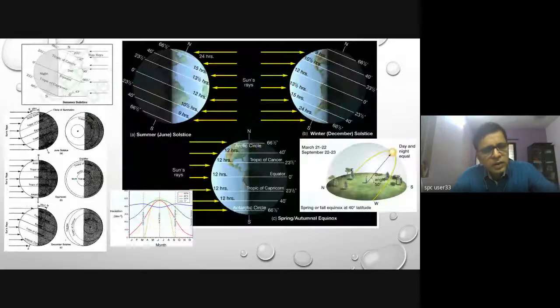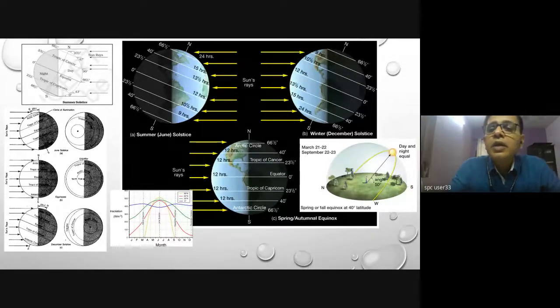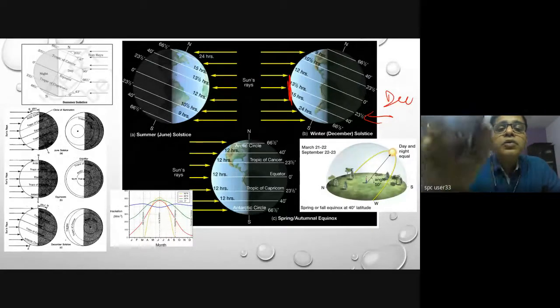This is something that I have already spoken about, as to how the angles tend to change. You'll see that we said that if this is December, this is 23.5 here. You'll see that the perpendicularity of the sun's rays is here, while in June, the perpendicularity of the sun's rays is here.